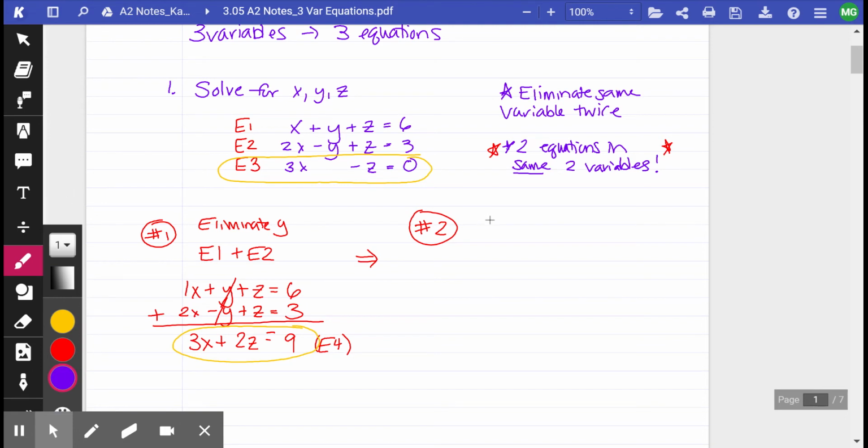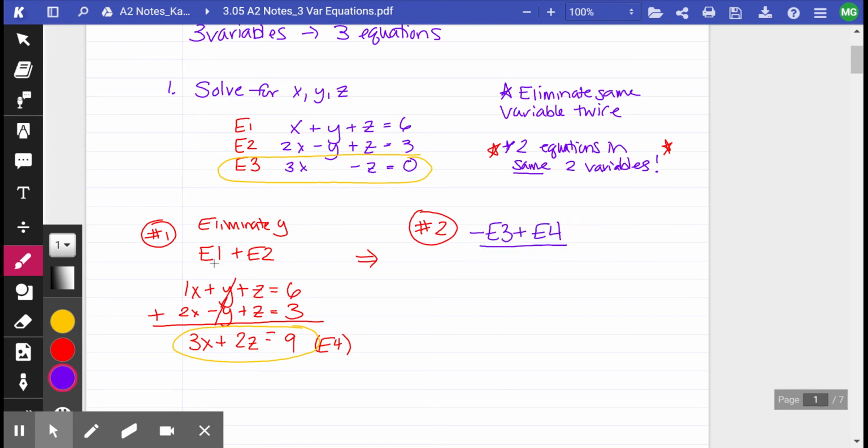And now we're right back to where you were in algebra when you solved systems of equations. To do that, I need to get one of either the x or the z to drop out. Now I see I have a 3x here and a 3x here, so they already have the same coefficients. I just need one of them to be negative. So I'm going to negate E3 and add that to E4.